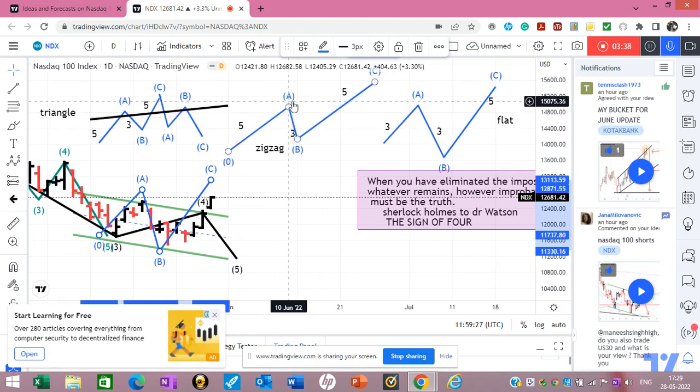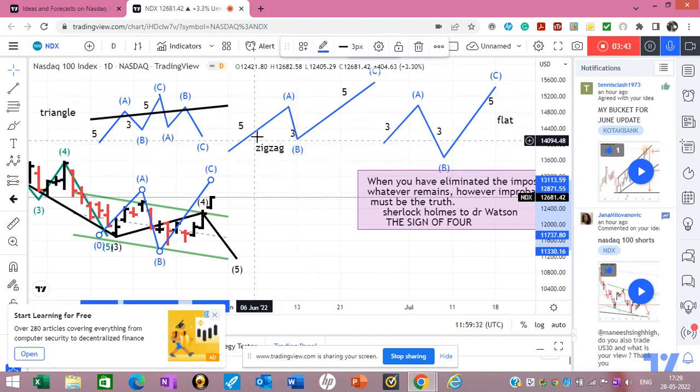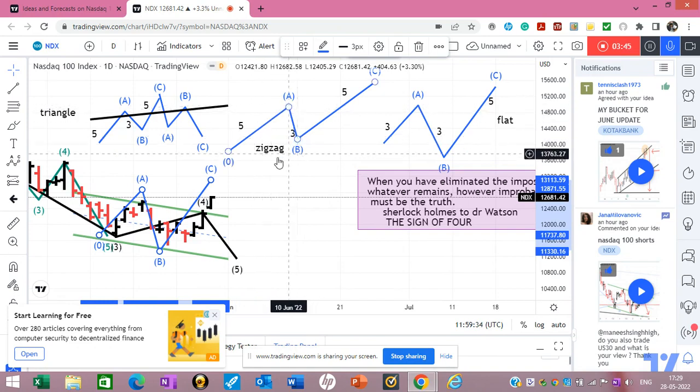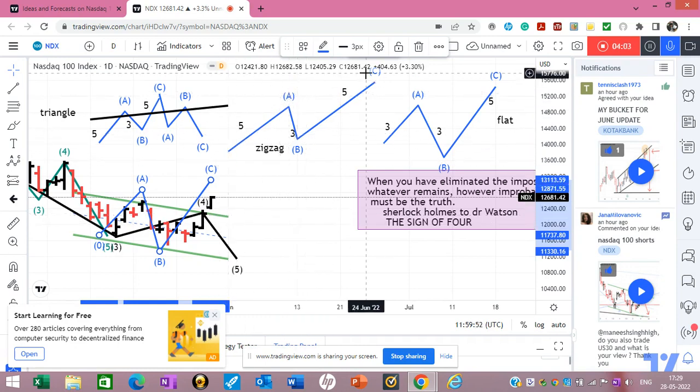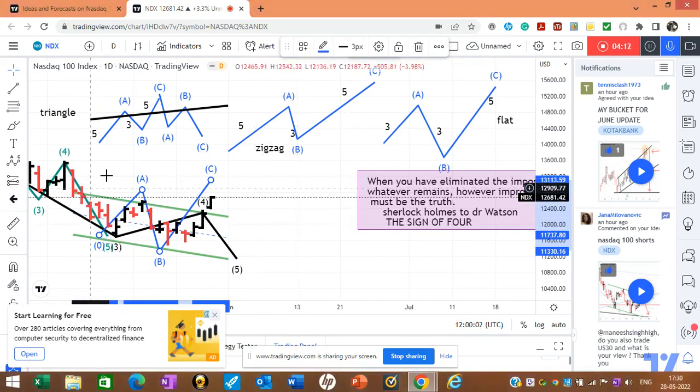That is why I feel that this is not a zigzag pattern. But whatever it is, this is looking like a five wave move up. That's the kind of confusion which I am having. Five wave move up, three, five. The basic rule of zigzag is that wave B should not go beyond wave A. So I'm cutting this out also.